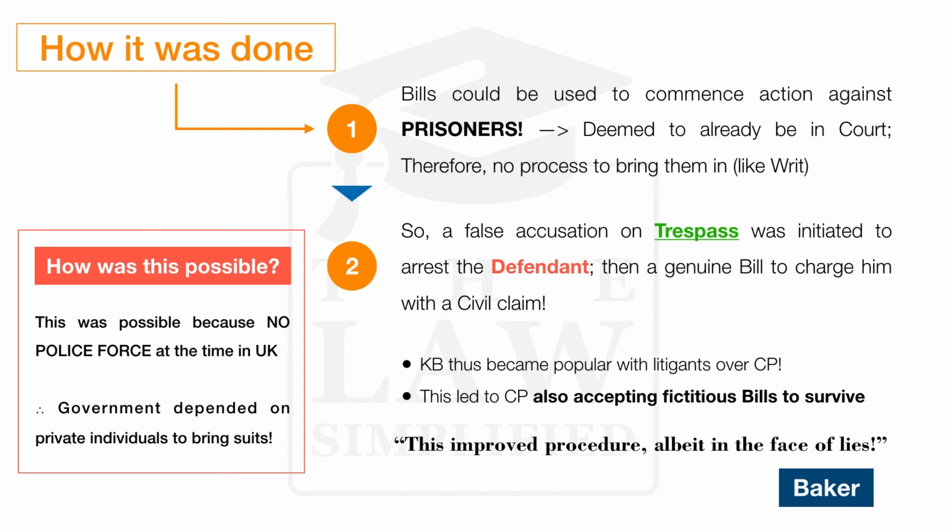What this meant was there was no check on whether these claims or these charges were fabricated or real. So this government dependence on private individuals was, in one sense, a mechanism that actually, as a byproduct, improved procedure, but on the other hand, meant that there was a lot of injustices happening in relation to defendants.